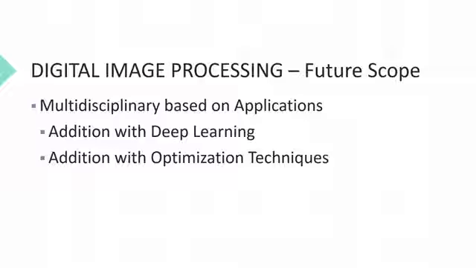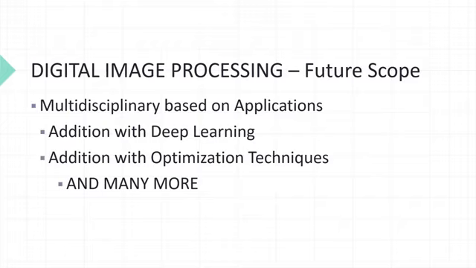This has also been one of the promising combinations of image processing with optimization techniques. And other than this, there are many more, which we will discuss now in a few sentences on the future of digital image processing.